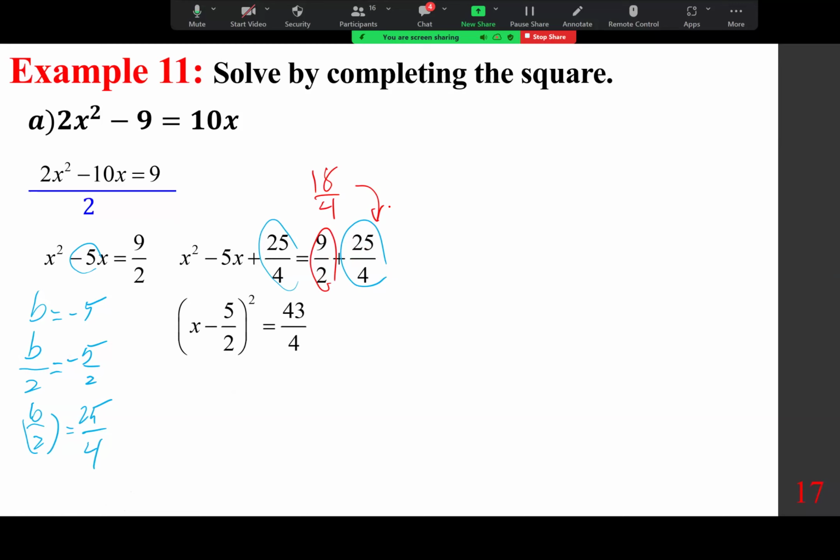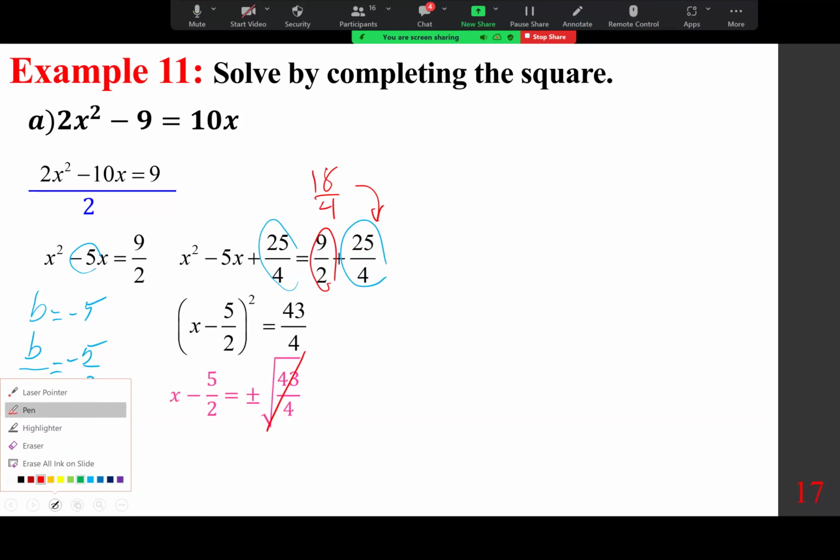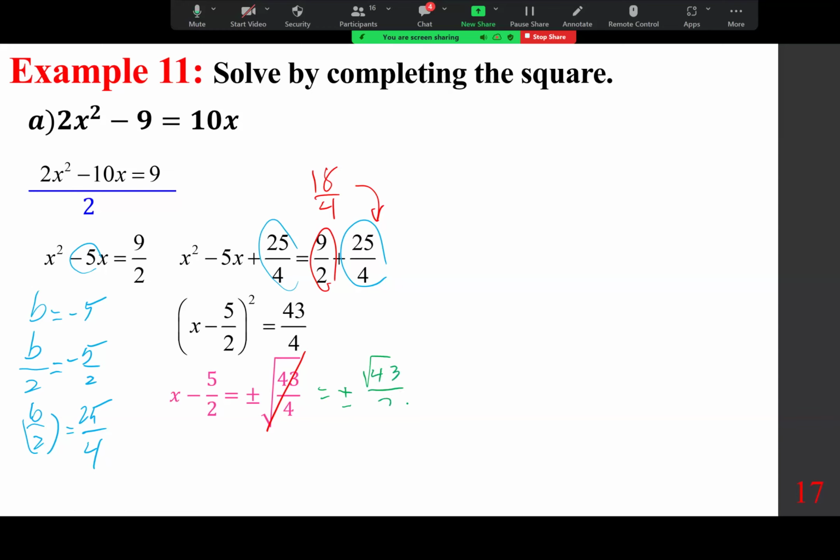So x minus 5 halves is plus minus the square root of 43 over 4. And we should know this is, let me use a different color, plus minus square root of 43 over square root of 4, which is 2. So if I move this to the other side, they have the same denominator, namely 2. So x is 5 plus minus the square root of 43 over 2.